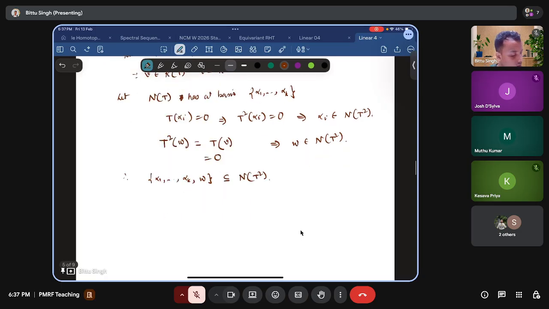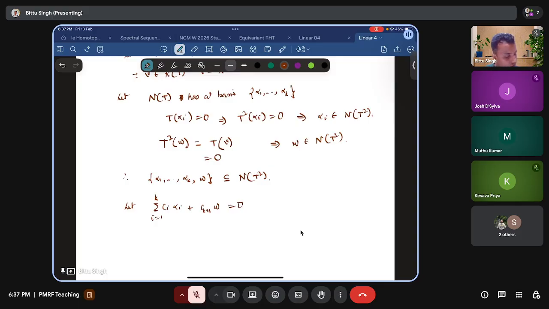How can we see this? Let the combination sum of Ci alpha i, i equal to 1 to k, plus Ck plus 1 W equal to 0. Okay.